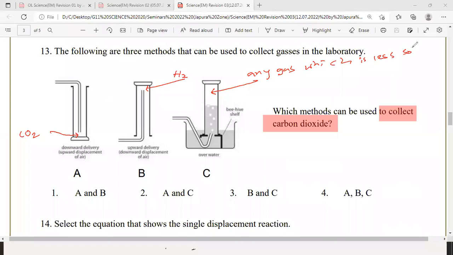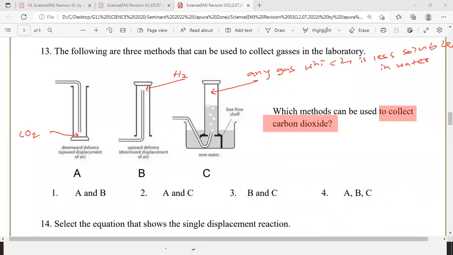But if you take a gas like ammonia, you can't collect it using this method because ammonia gas is what? Highly soluble in water. So ammonia, before it collects at the top, will dissolve in water. So any gas which is less soluble in water can be collected above water, because any gas is less dense than water.